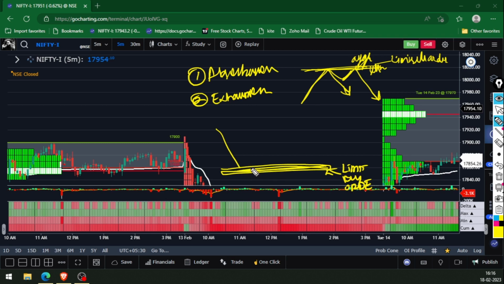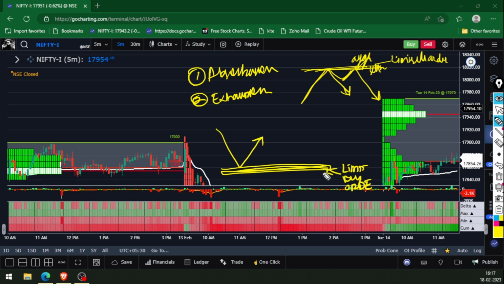If the buyers try to reload their buying position, then it may act as support, and we may expect the market to go upside, right? Because the seller strength has completely gone nil, and all the orders of those sellers have been filled, and we may see a rally to the upside.